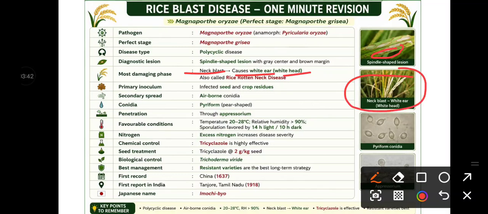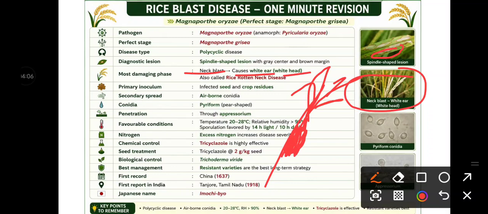What happens when the neck region of a panicle is infected? The neck region which holds the panicle gets rotten. Due to rotting, no photosynthates will pass from the leaf to the panicle or the grains, so no grain filling will be there.